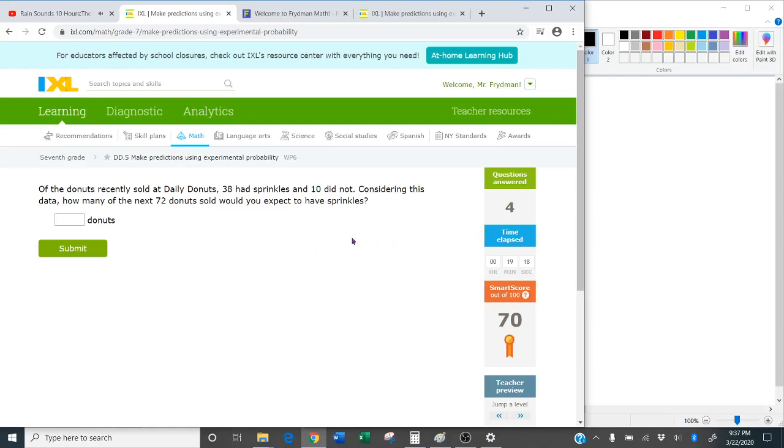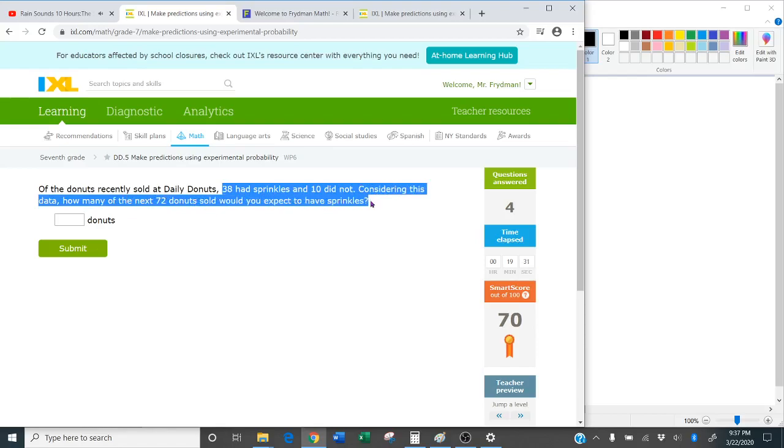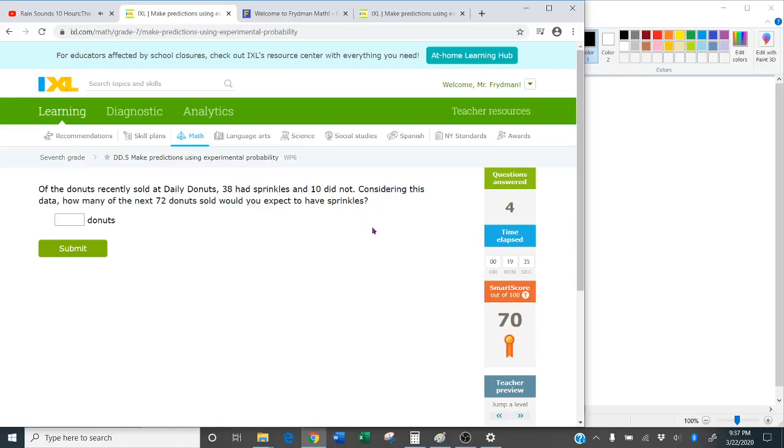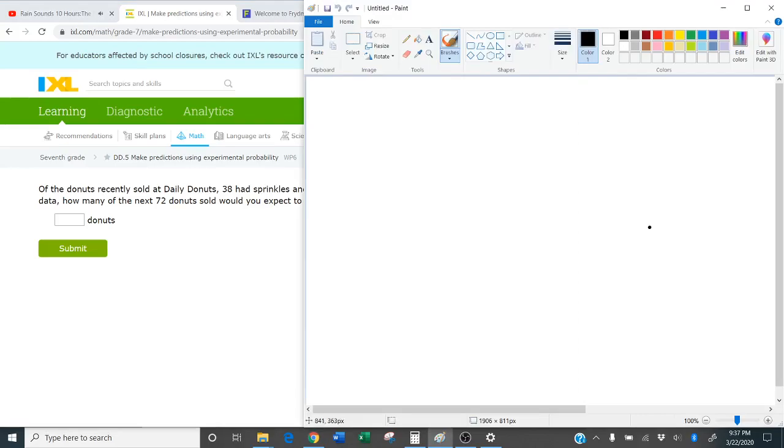So I will go through this. So 38 had sprinkles and 10 did not. Considering this data, how many of the next 72 donuts sold would you expect to have sprinkles? Oh, no, it's not a different kind of question. Okay, so this would be, yeah, really, it's the same kind of question.